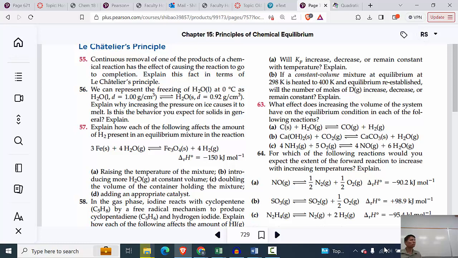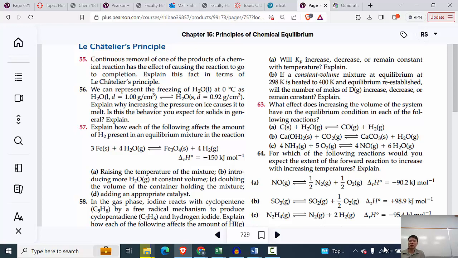How does increasing the partial pressure work? It changes the activity of it. If you increase the partial pressure of all of them, then it's not going to do anything. It's going to be the same.